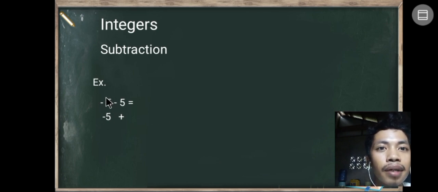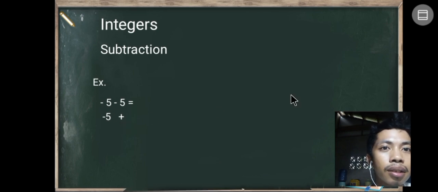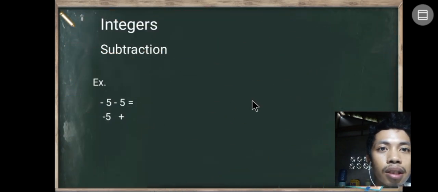Then our operation is negative, so we're gonna change that into positive. So from negative to positive. So our operation is negative 5 plus negative 5 because our second term is positive.